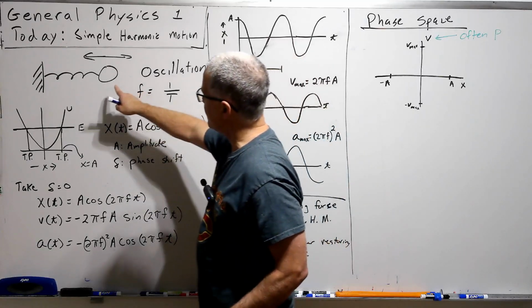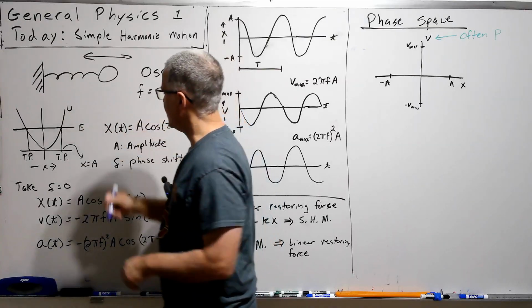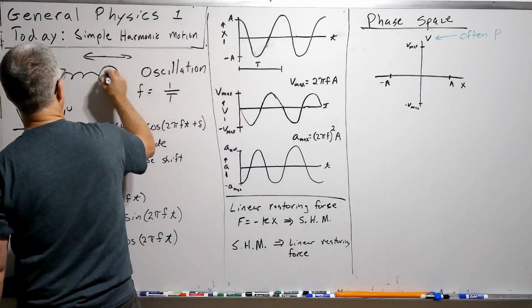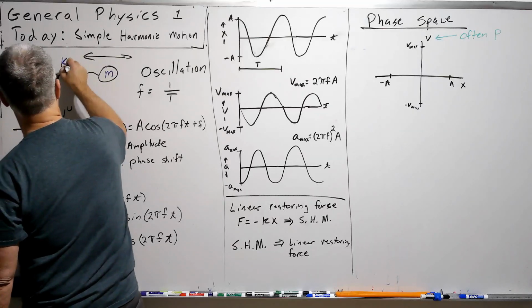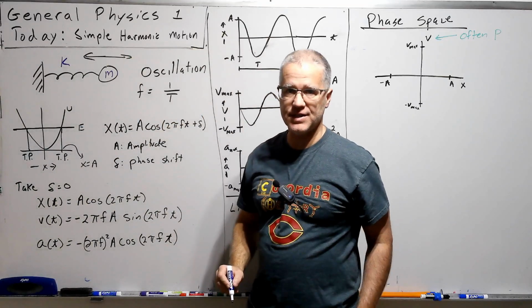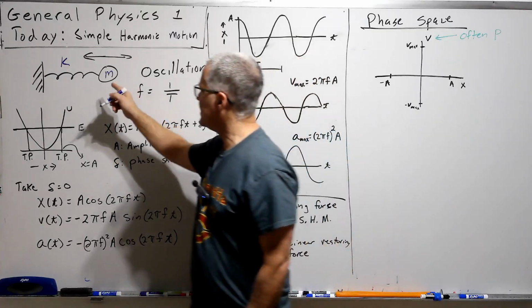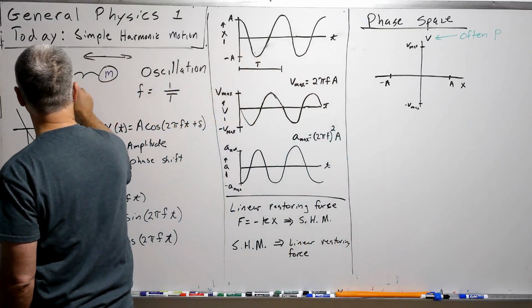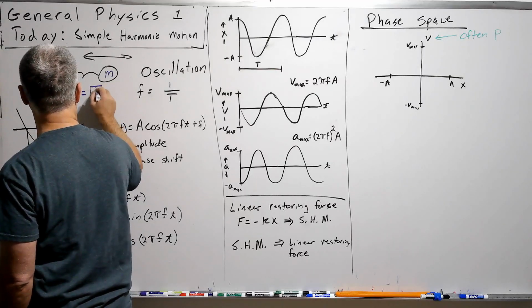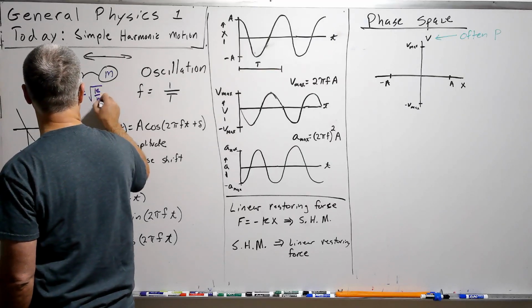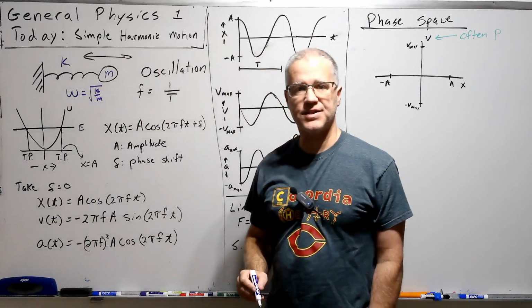Okay, so the prototypical model here is that we have a mass on a spring, so we have a mass and a force constant there, and together these determine the frequency, the circular frequency of this system.